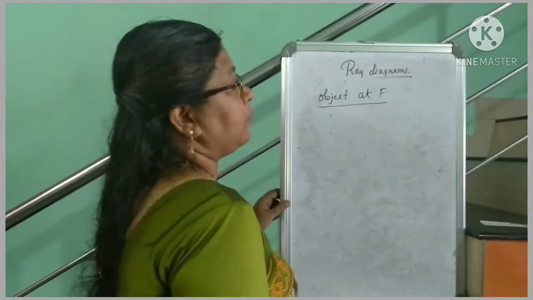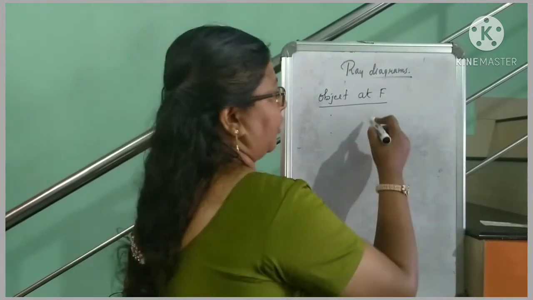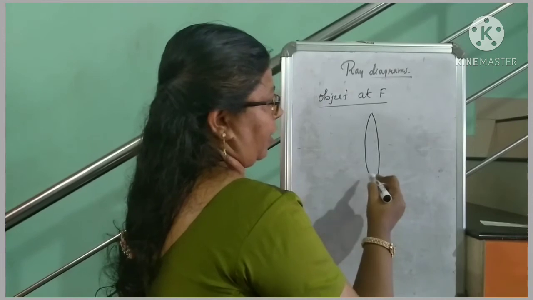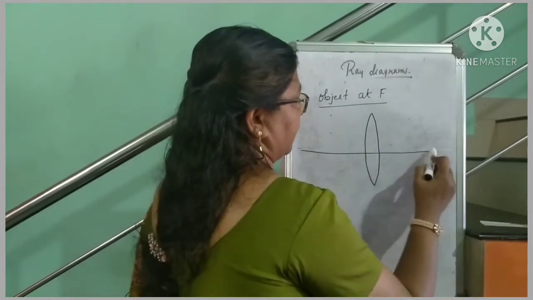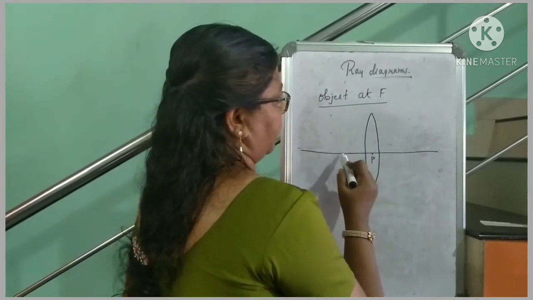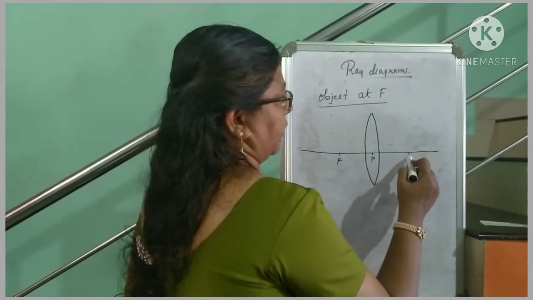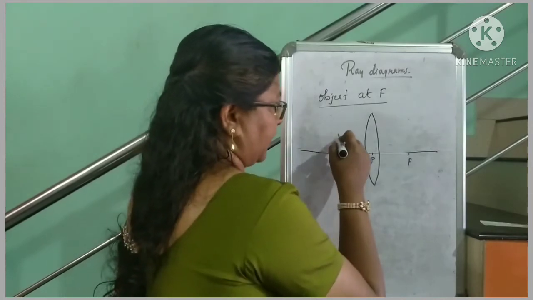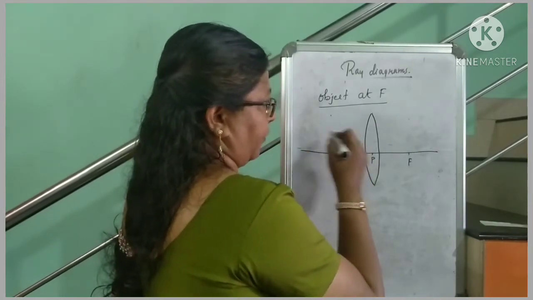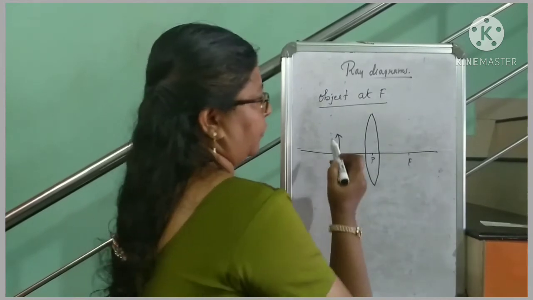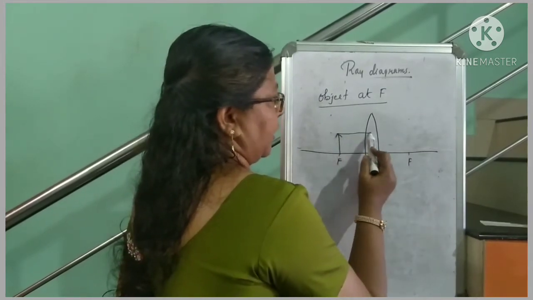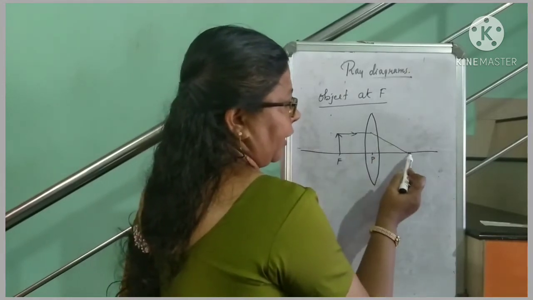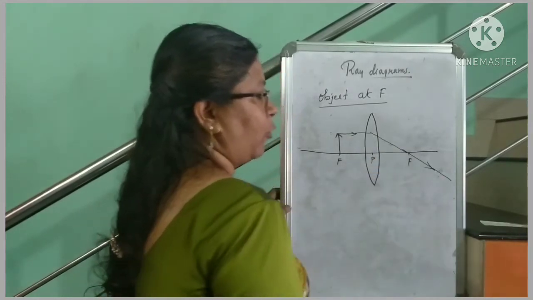Next one is object at F. So what will happen when an object is kept at F in front of a convex lens? This is the pole, this is the focus, and this is the focus. An object is kept at F. So we will obey the rules. That is a ray of light passing parallel, after refraction passes through the principal focus.